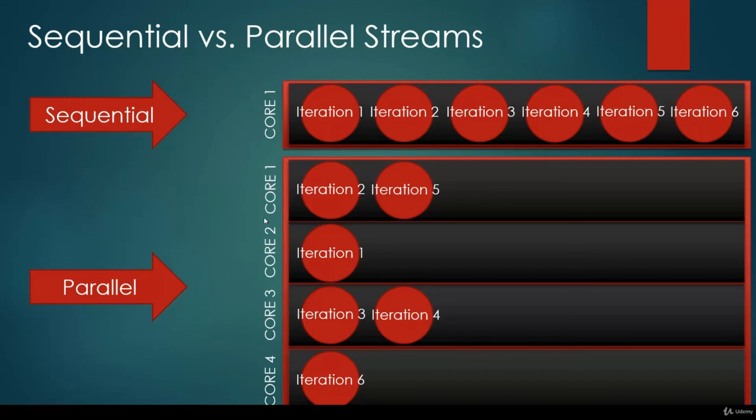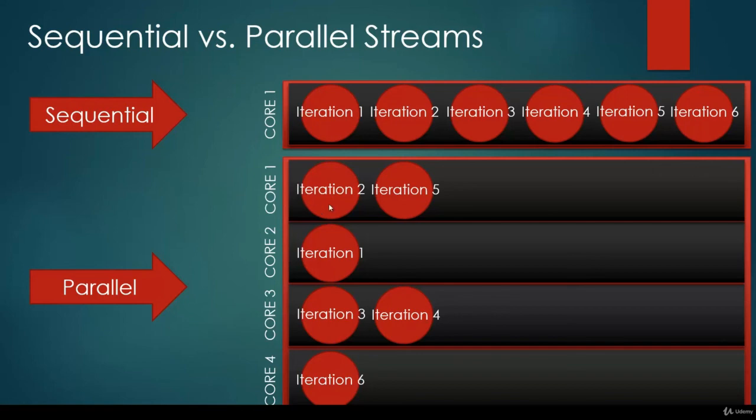If we have multiple processors or multiple processor cores, then we can use parallelization, which means that every single processor has different tasks to execute, and iteration 2 is independent from iteration 1 and iteration 3 and iteration 6. These tasks are totally independent of each other, so we can assign them to different processor cores.